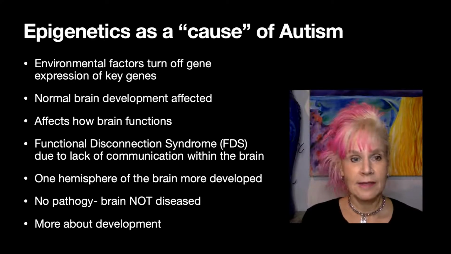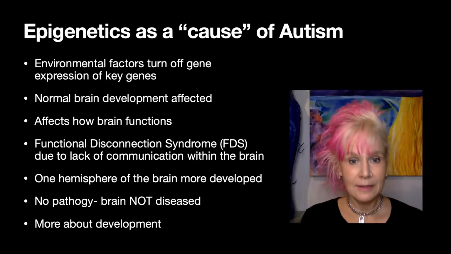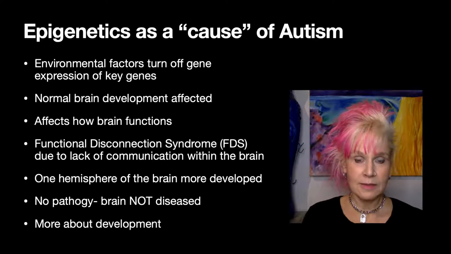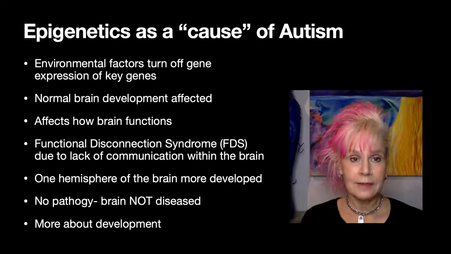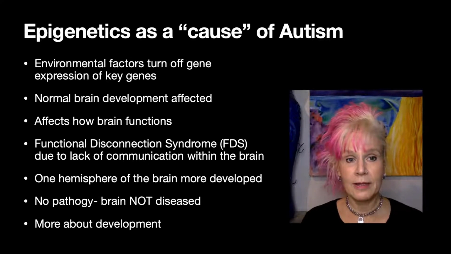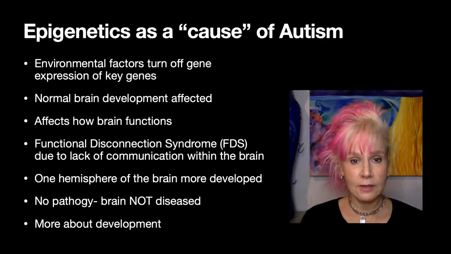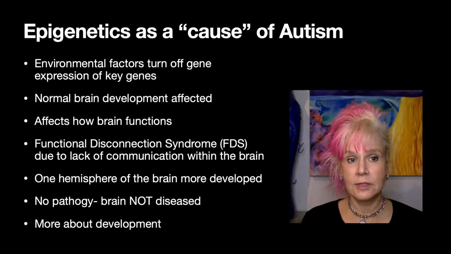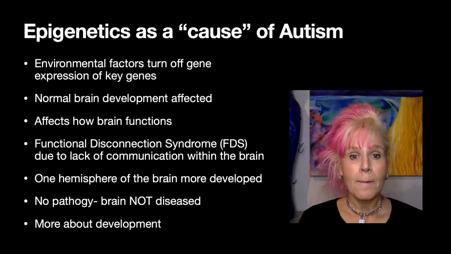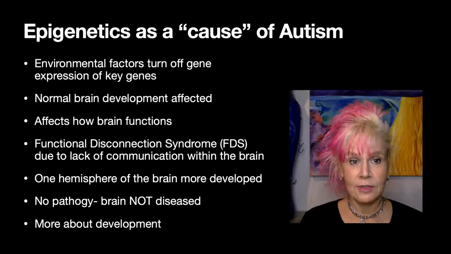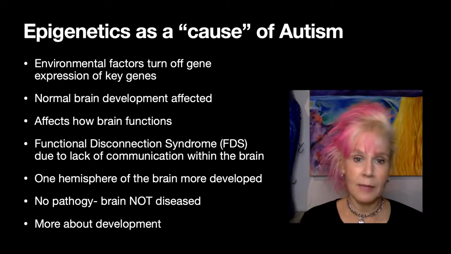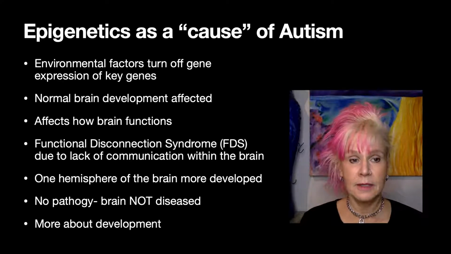And these things can turn off gene expression of key genes that are needed for normal development of the brain because that development, the structure, will then dictate the function of the brain. So I talked a little bit about functional disconnection syndrome last time, but I will also post a link to a video I did just on functional disconnection syndrome, and we're going to circle back to that in a little bit.